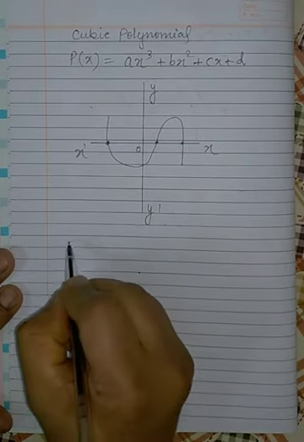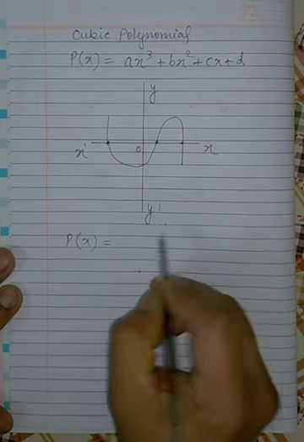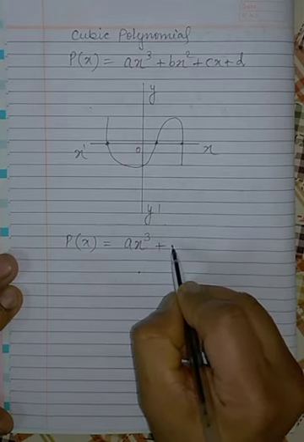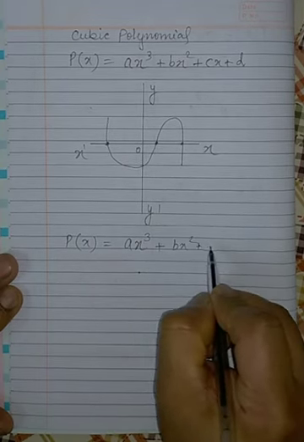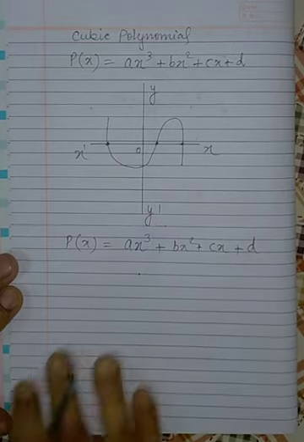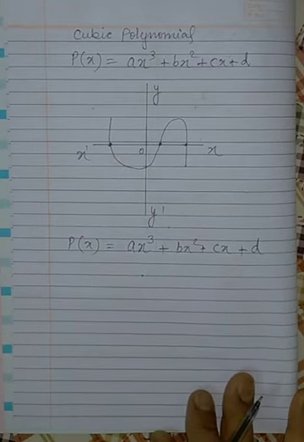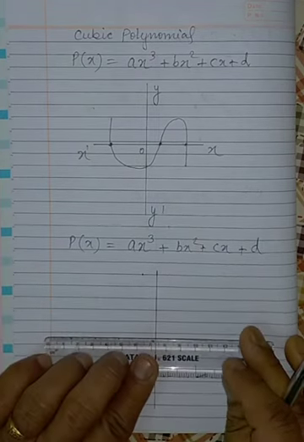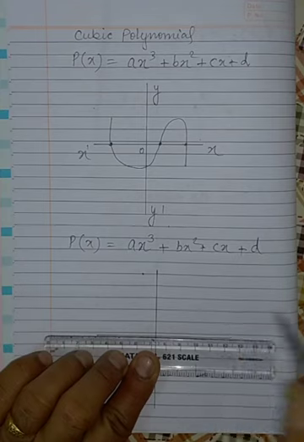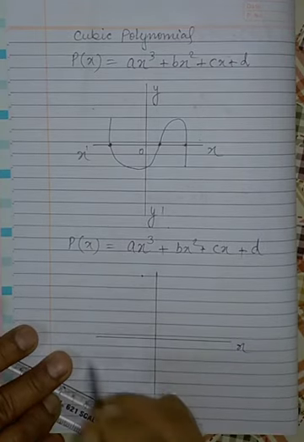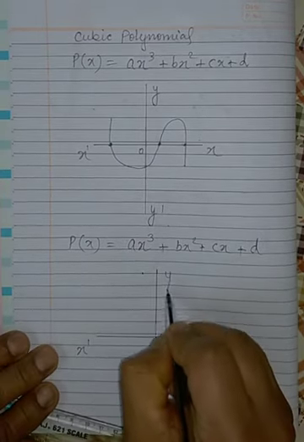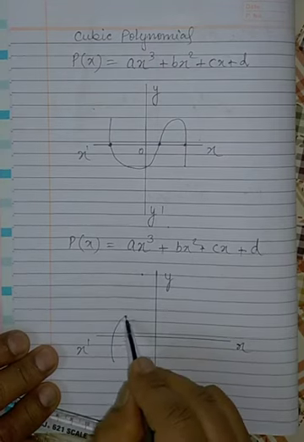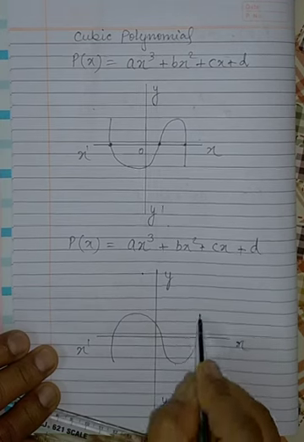In another case, it can be something like this also. If p(x) is equal to ax cube plus bx square plus cx plus d, then the graphical presentation for the cubic polynomial of 3 zeros can be something like this also.